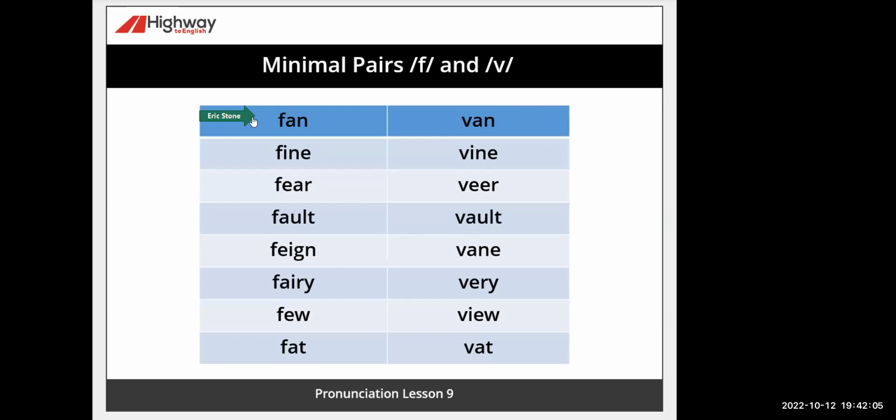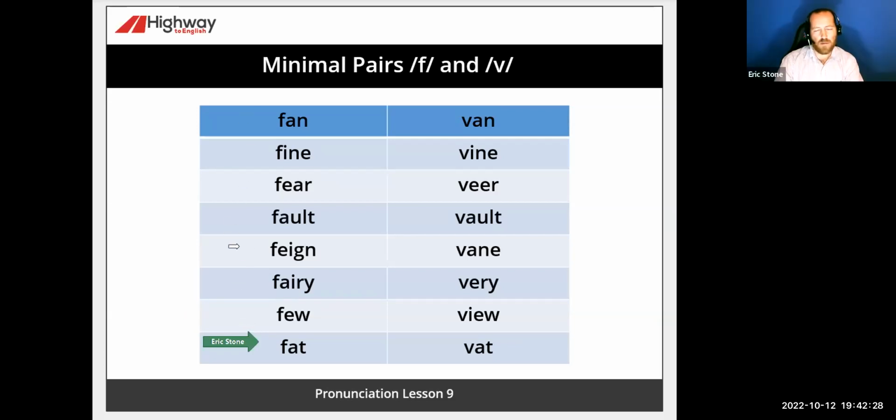Fan, van, fine, vine, fear, veer, fault, vault, fairy, very, few, view, fat, vat. Okay.